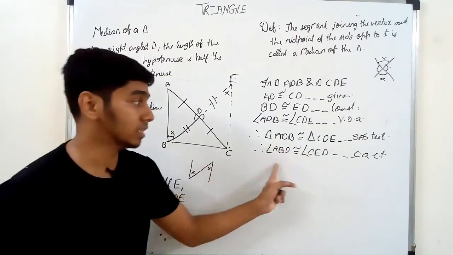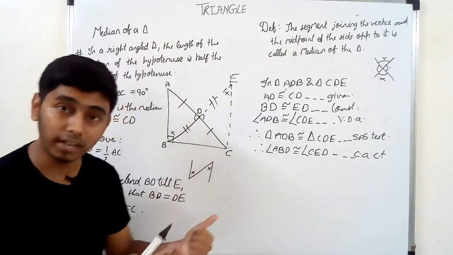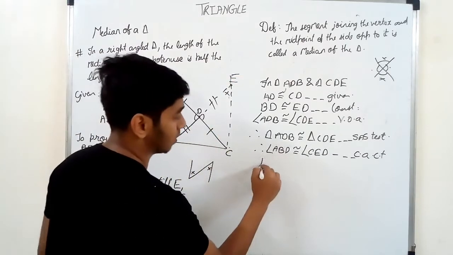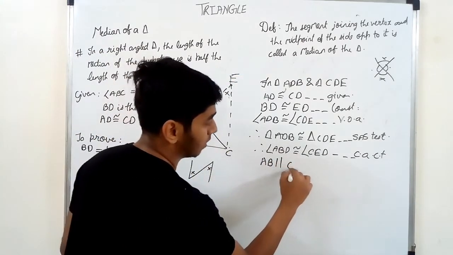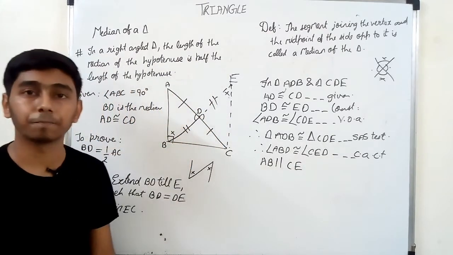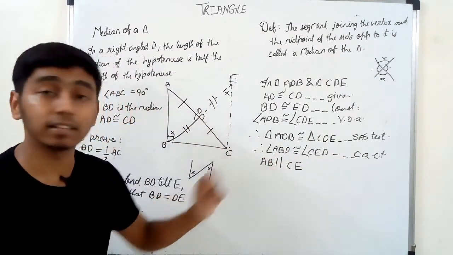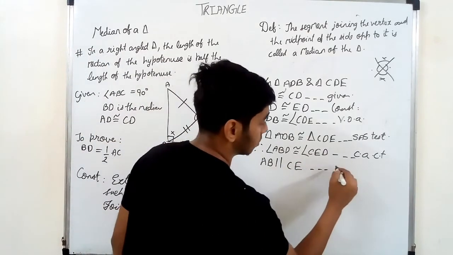Now because of this, these two angles are alternate angles, therefore we can say AB is parallel to CE. Why? Because by alternate angles test, we can say that these two are parallel.